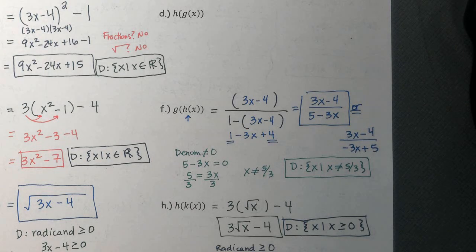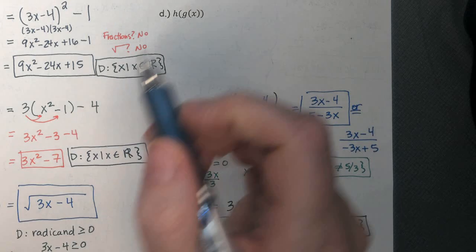Okay, so I'm going to give you a few seconds to set that up. And then think about what you do when you're multiplying a fraction by a whole number.